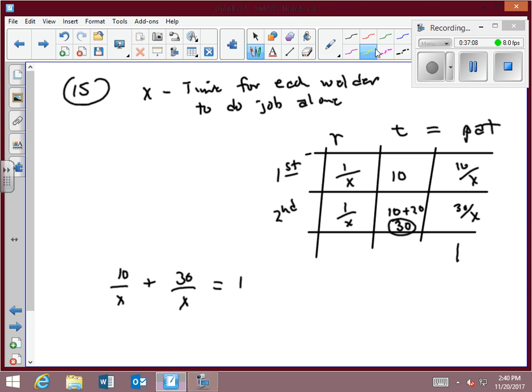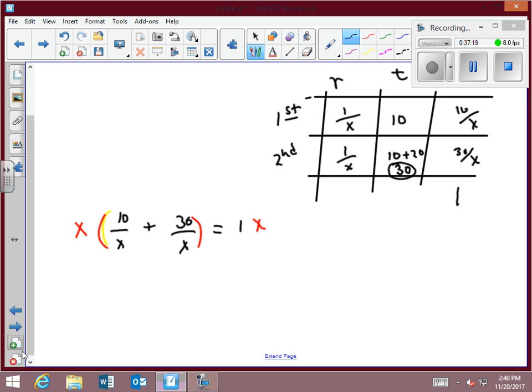So now the least common denominator is X. On the left-hand side, it's 10 plus 30, we're at 40. On the right, it's X. So X is 40 hours.